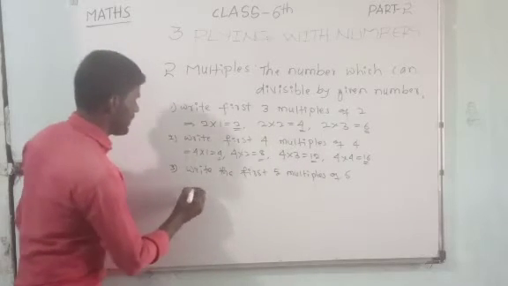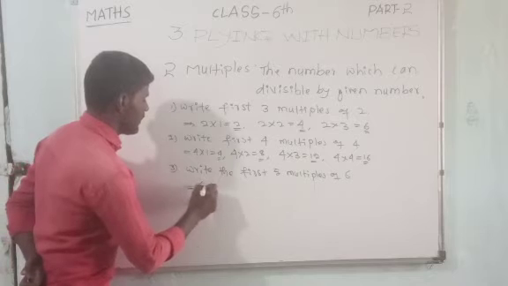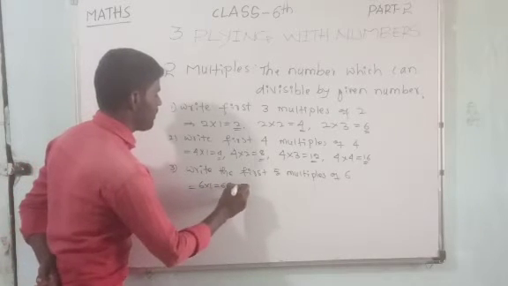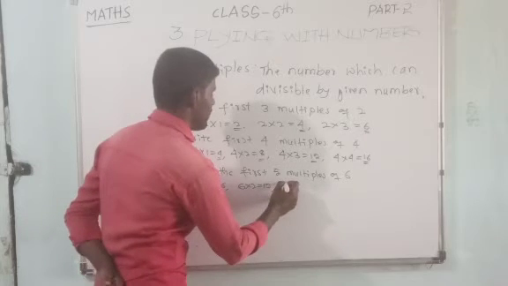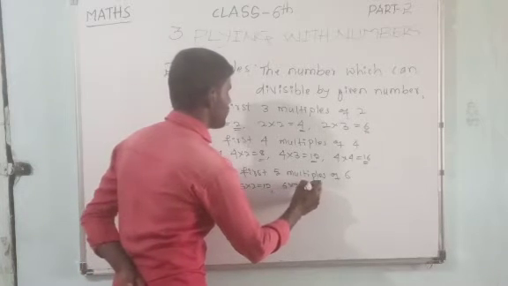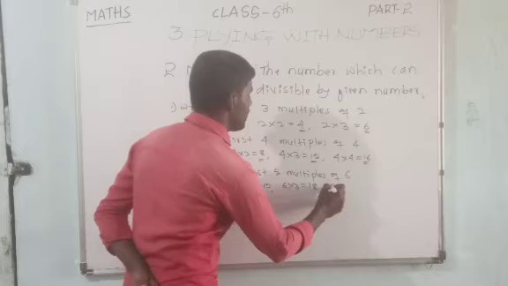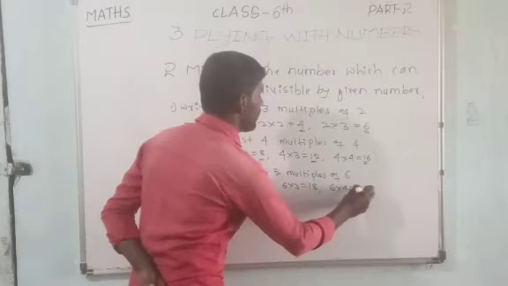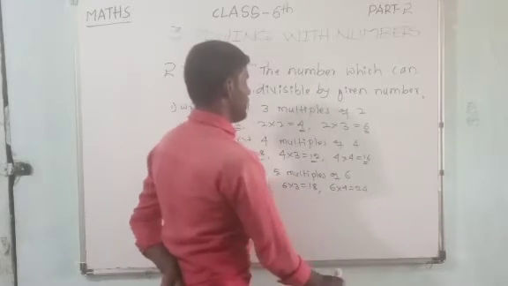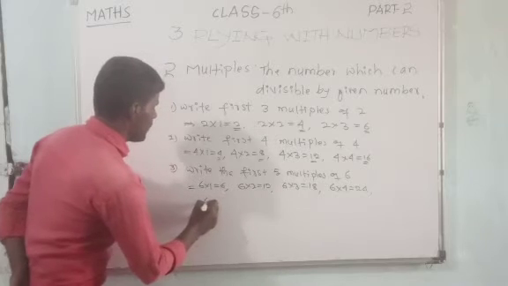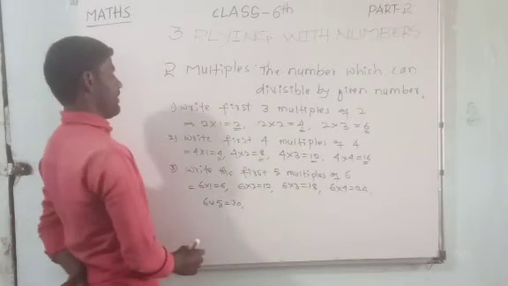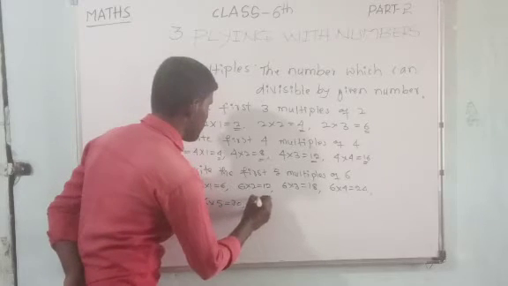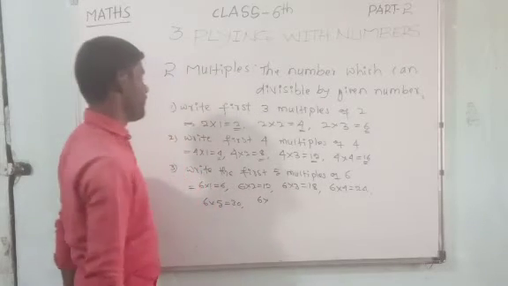Let us see. 6 into 1 is equal to 6, first multiple. 6 into 2 is equal to 12, second multiple. Then 6 into 3 is equal to 18, third multiple. 6 into 4 is equal to 24, fourth multiple. Then 6 into 5 is equal to 30, fifth multiple.